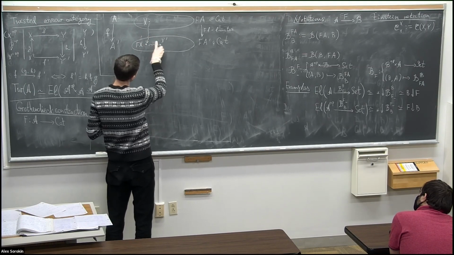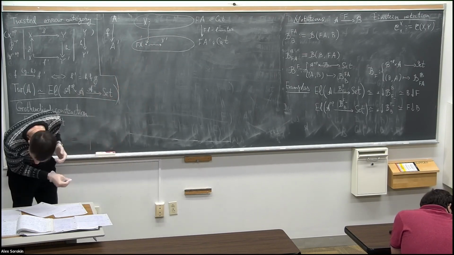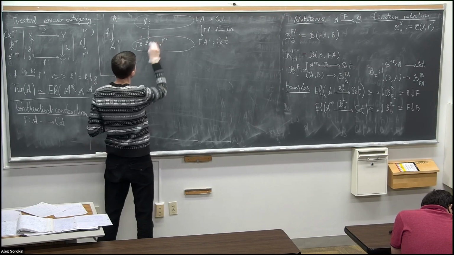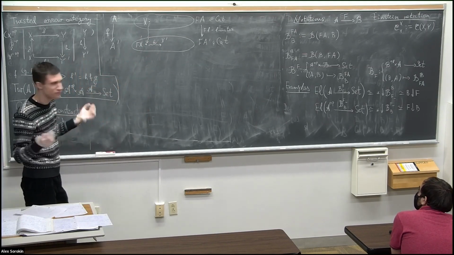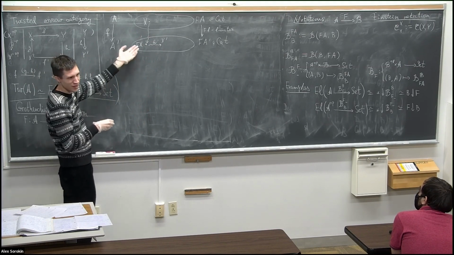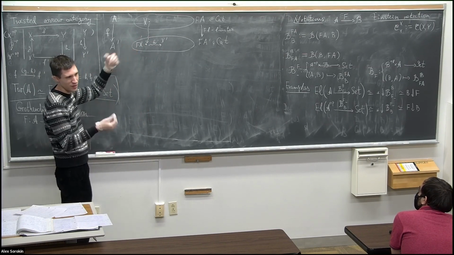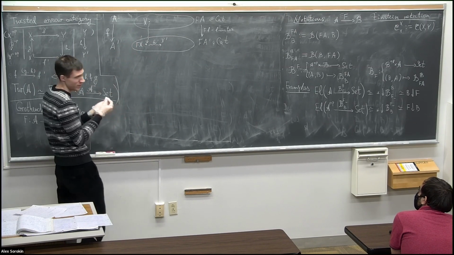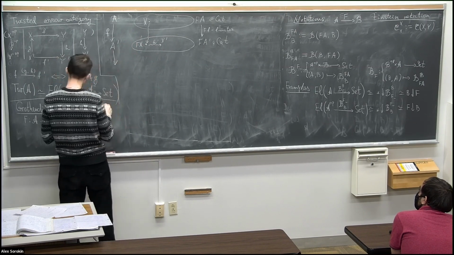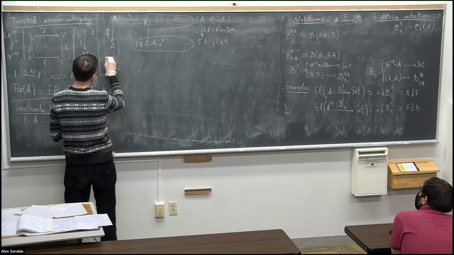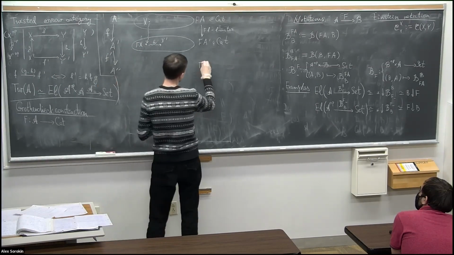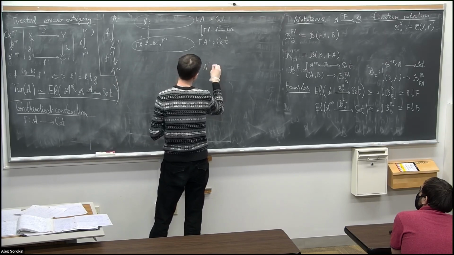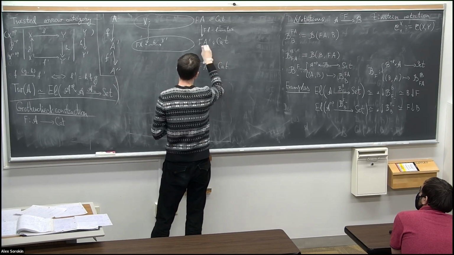Let's say you ask me what the composition is. That's fine. I can define whatever I want, but it should be a Gamma category. Here's F double prime, here's F prime.